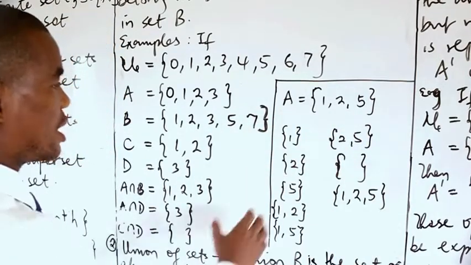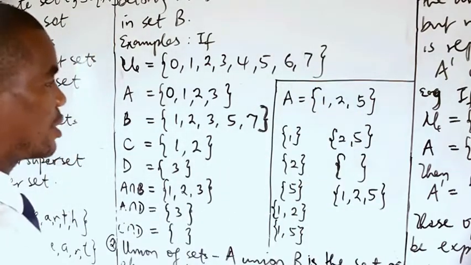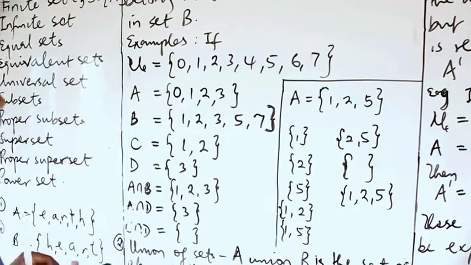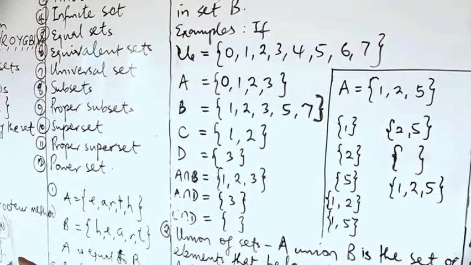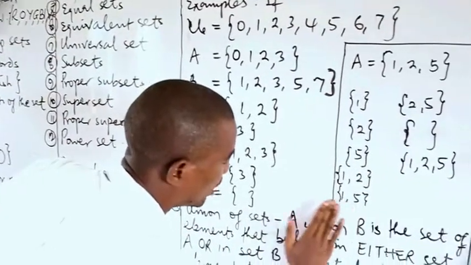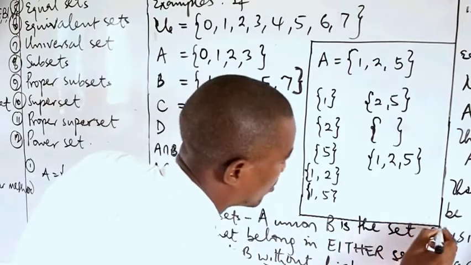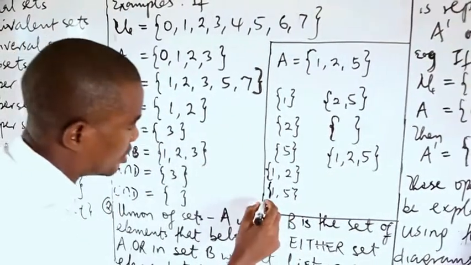For example, if I gather all these subsets together in a set with a parenthesis, then what I have is a power set. If I combine everything, let me use this space to show you. Look at it like this.